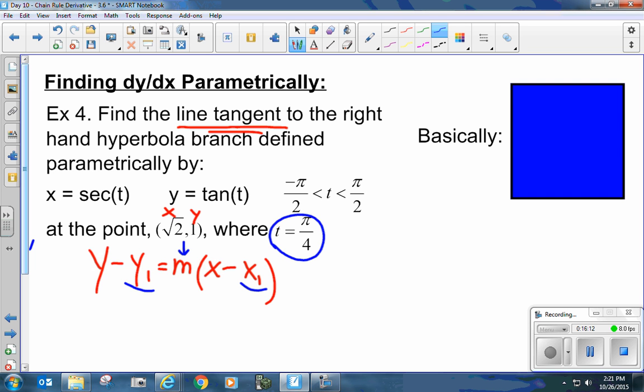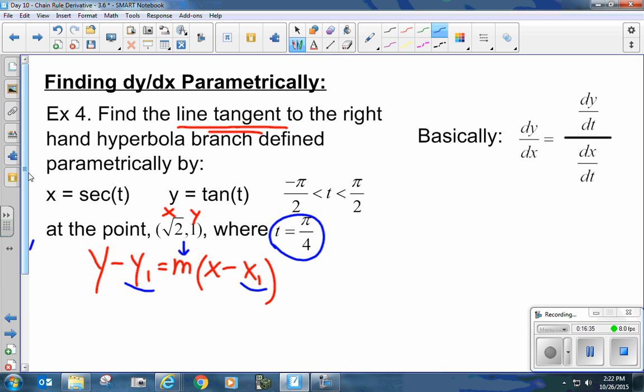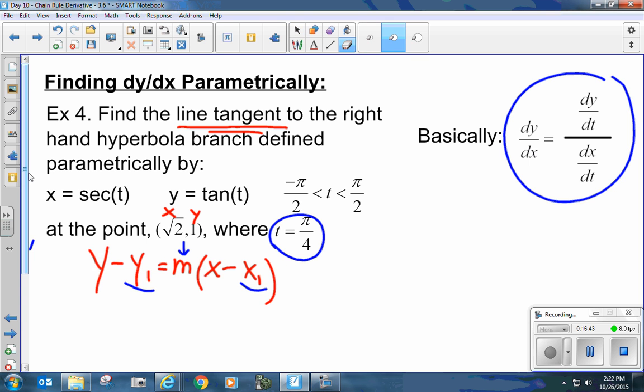Okay? Now, when they say parametrically, basically, all that is this. The derivative, dy dx, is the same as taking the derivative of y over the derivative of x. So, take a look at the way this is set up right here. If I had this fraction to the right, and I told you to simplify it, can I multiply the top and bottom by dt?